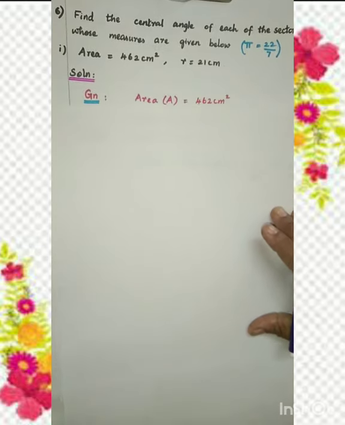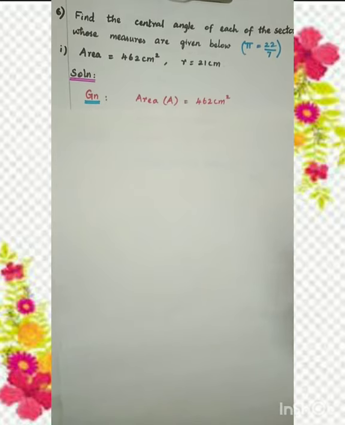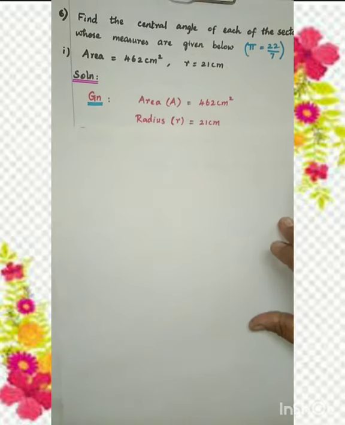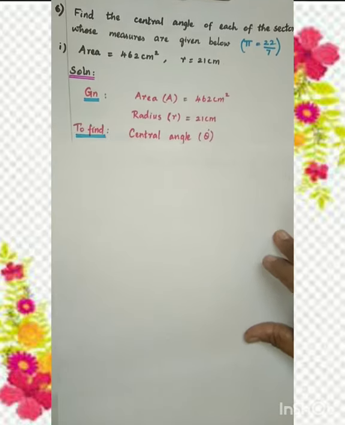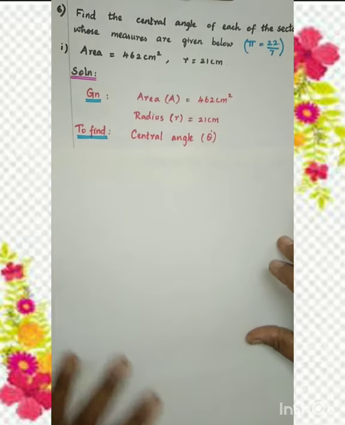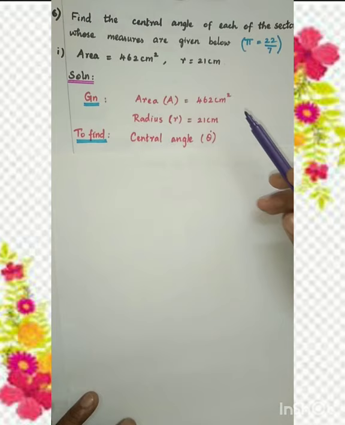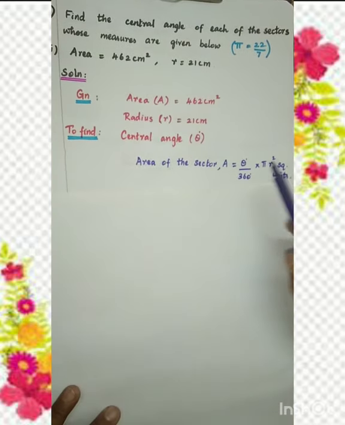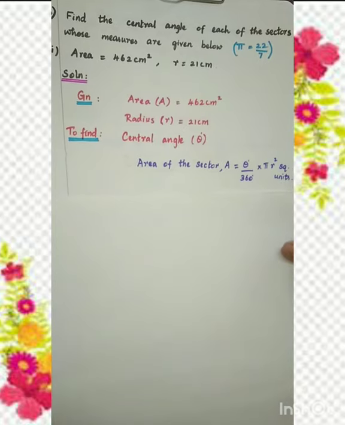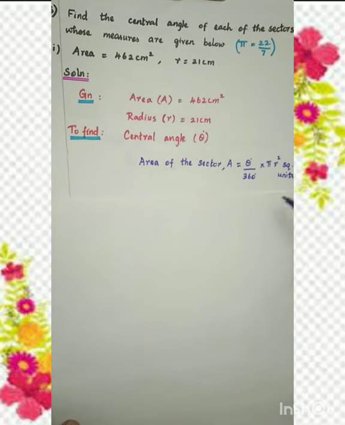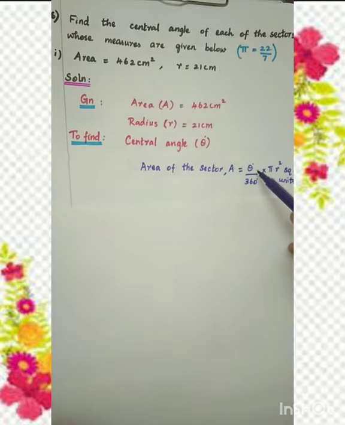Solution: given area A equal to 462 centimeter square and radius R equal to 21 centimeter. To find the central angle. Since area is given, we apply area of the sector A equal to theta by 360 degree into pi r square units. We can apply the given values in this formula, and from that we can find angle theta.